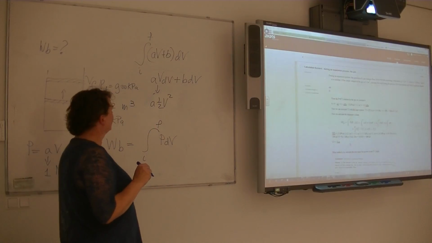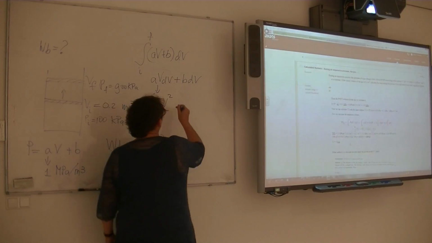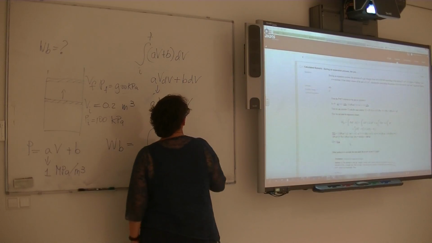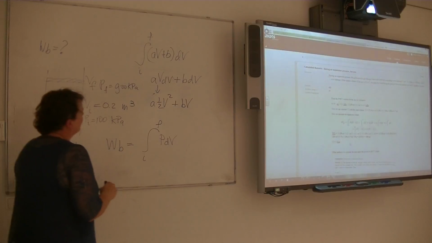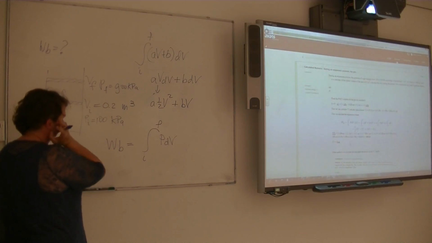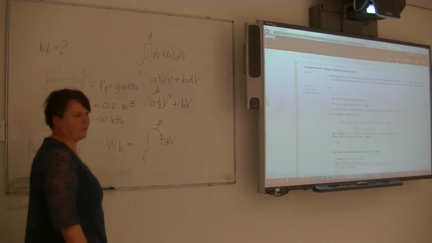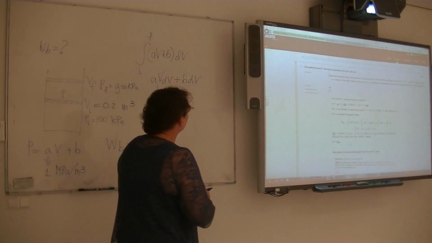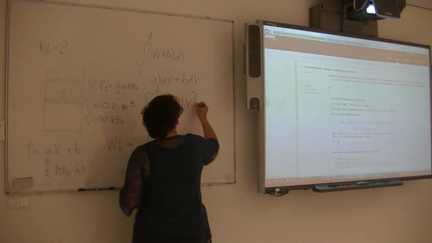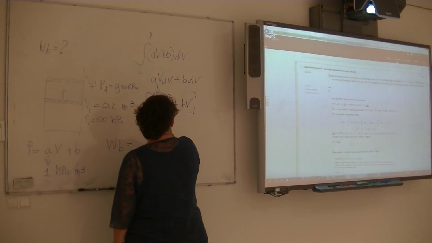That's the primitive of V dV. And if I just have a constant, then the primitive is BV. So these are the two primitives for this function. And during the exam, I will not ask you to find the primitive of the function. Okay? I promise that. We have to calculate this from the initial situation.